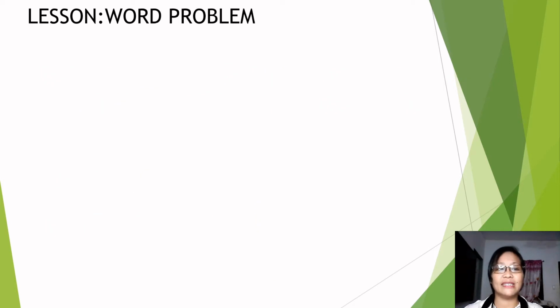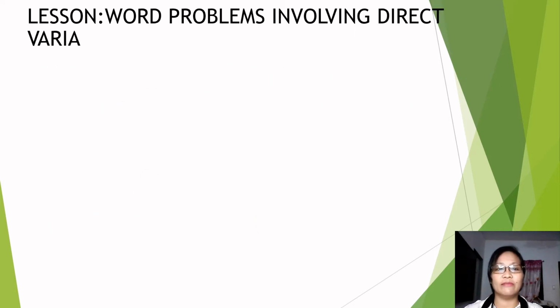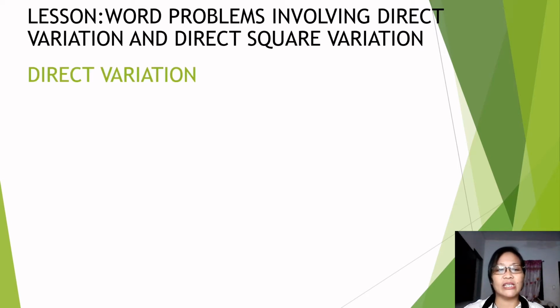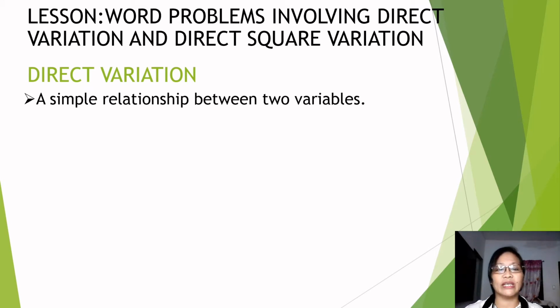Our lesson for today is about word problems involving direct variation and direct square variation. Before we proceed, let's review first what direct variation and direct square variation are. Direct variation is a simple relationship between two variables.